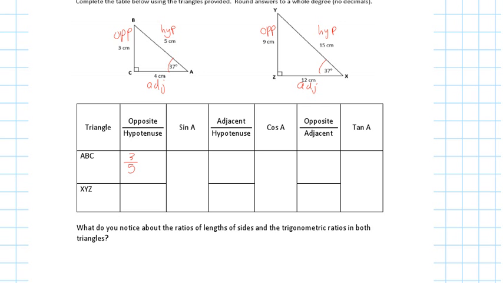Right? Because my opposite is 3 and my hypotenuse is 5. So to find this in decimals, what's 3 divided by 5? 0.6.